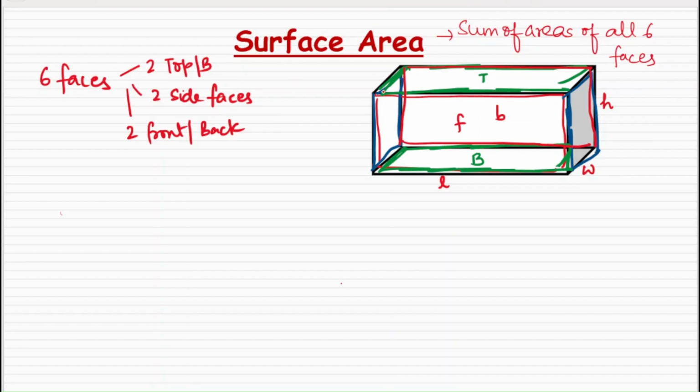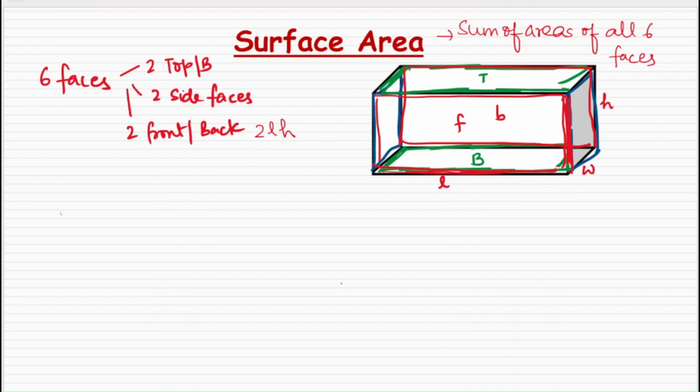Now if you look at the front face, this is the length and this is the height. So the area of the front and the back face is length times height. So the front and back area is 2 times length times height. Why did I multiply it with 2? Because the front and the back face are exactly identical faces.